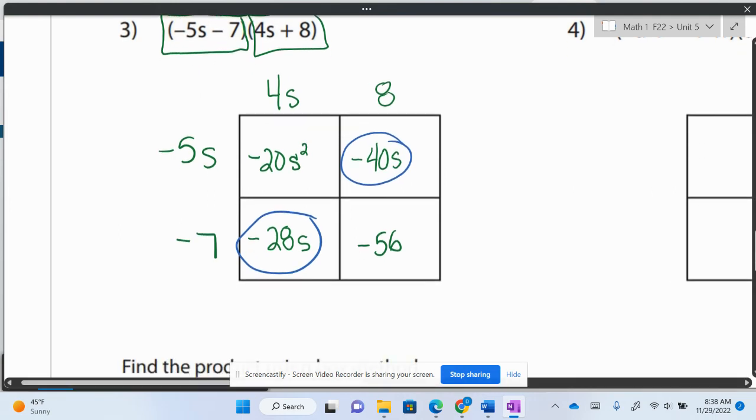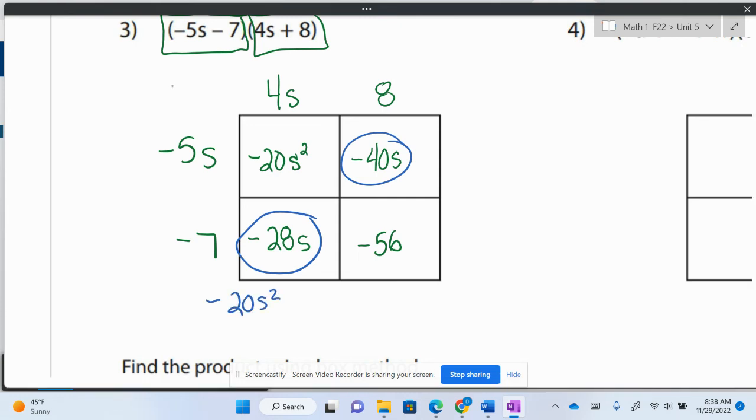So my final answer is negative 20s squared. Negative 28 and negative 40 become negative 68s minus 56. So that's what it looks like when you set up a binomial times a binomial using a box.